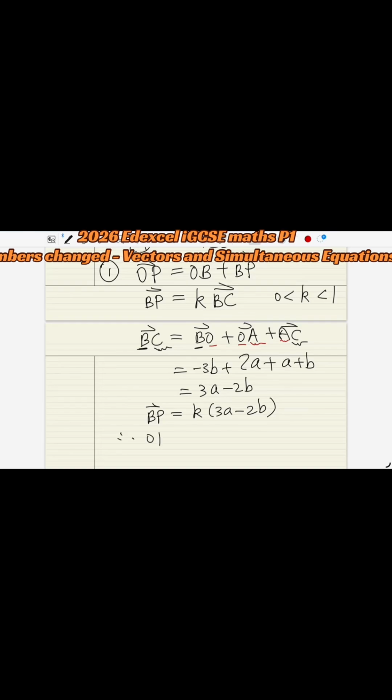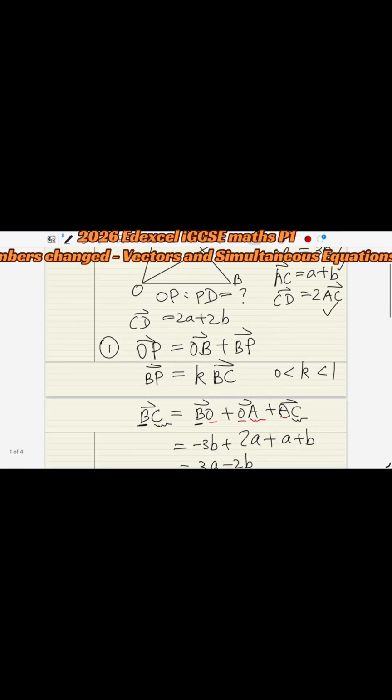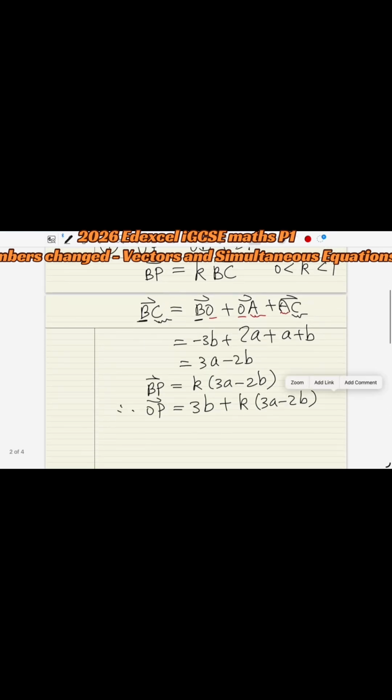Therefore, our OP from the first path will be OB, which is 3b, plus k times (3a minus 2b). Let's leave this answer here for a moment because it has an unknown, but it is useful to us.